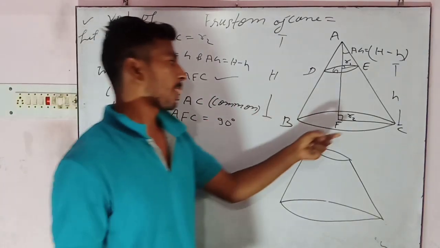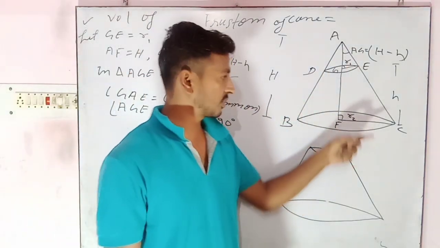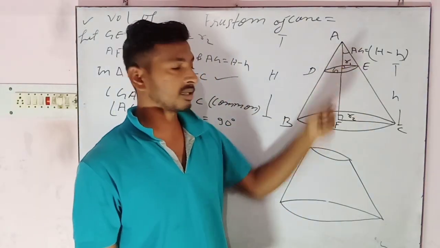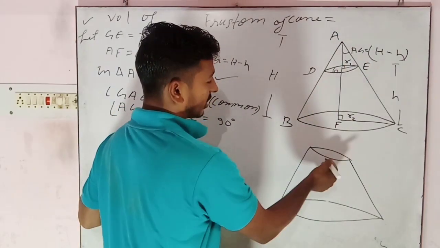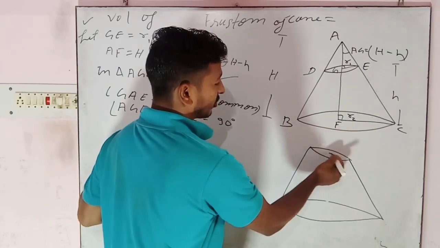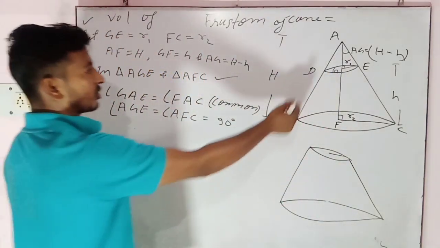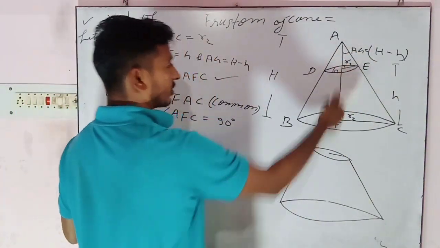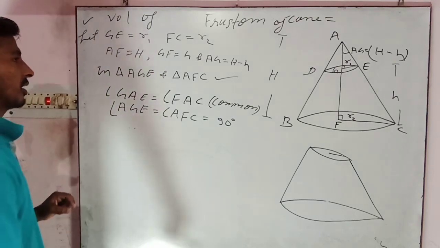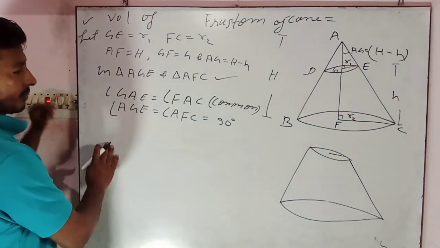We could also say that both the angles are a pair of corresponding angles, because this side and this side both are parallel. When this small cone is cut, there is one property that this small cone is cut parallel to its base. So whenever it is cut, it is parallel, means both lines FC and GE will be parallel and then both the angles will be equal by corresponding angles.